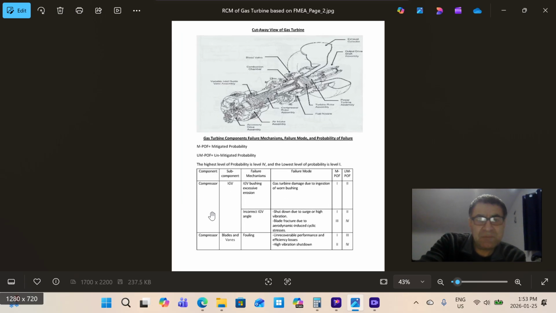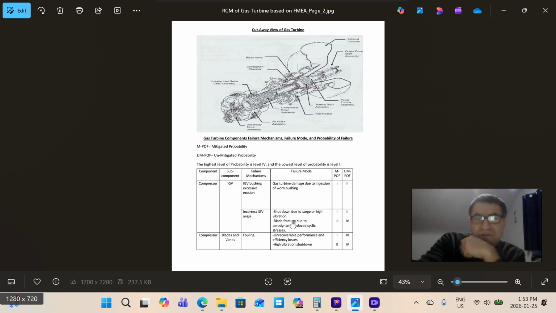Again, same component, compressor, incorrect IGV angle. This is due to installation of the IGV, and the failure mode is shutdown due to surge and high vibration.